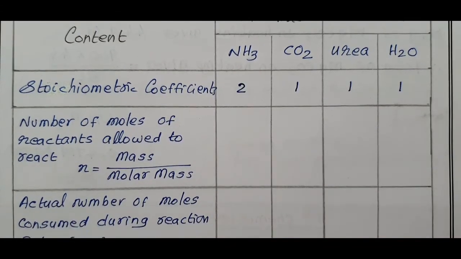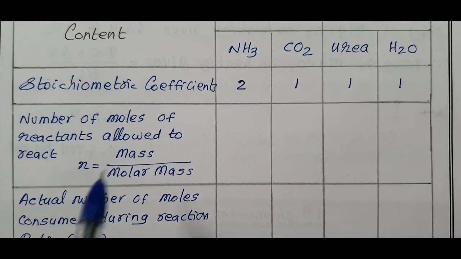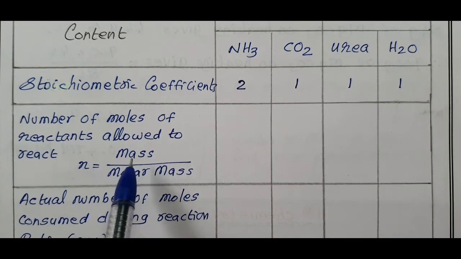Now, the number of moles of reactant allowed to react. How to find the number of moles? The number of moles is determined by using the formula mass by molar mass. Mass is given in our problem. From the molar mass of ammonia and carbon dioxide, we can easily determine the number of moles.